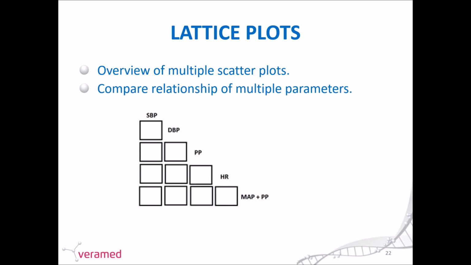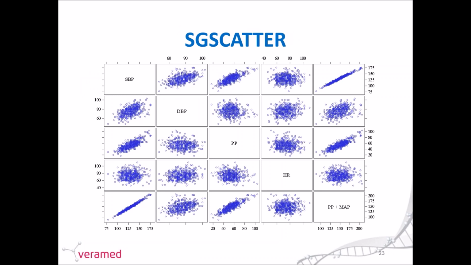Now you can almost get there without using proc template. Use sgscatter, and you get this output, which is a good starting point, but again there are some issues with this.